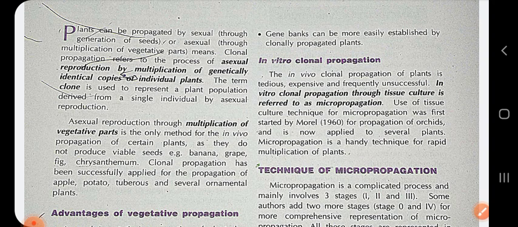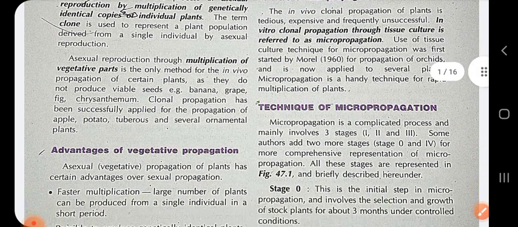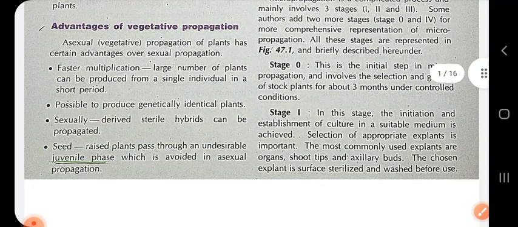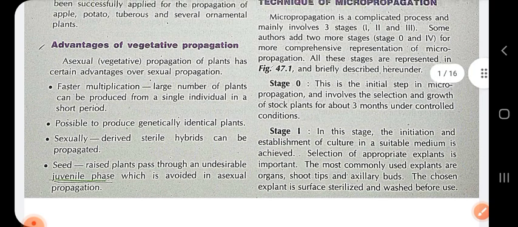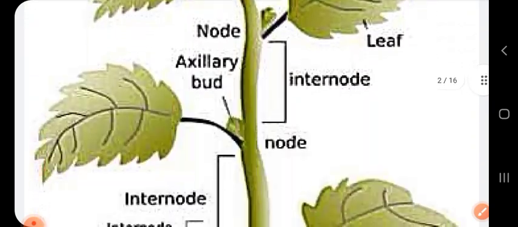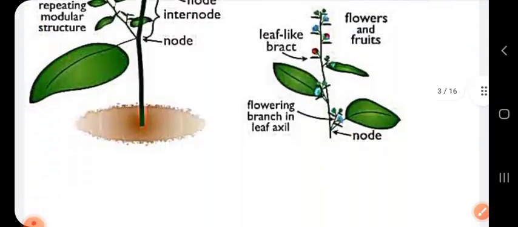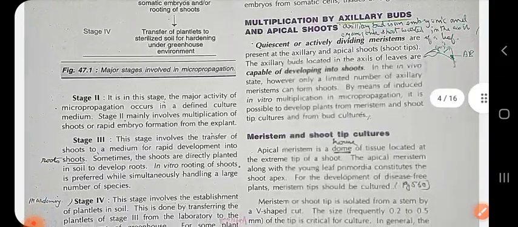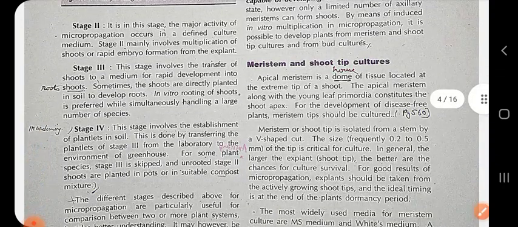Let us now move to the next part, which is the technique of micropropagation. Micropropagation consists of 5 stages, ranging from stage 0 up to stage 4.